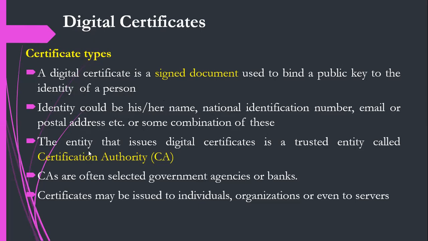The entity that issues digital certificates is a trusted entity called a certification authority. Some authority, like a government authority or some third party authority, is going to issue these certificates, and that authority is called a certification authority, in short CA.